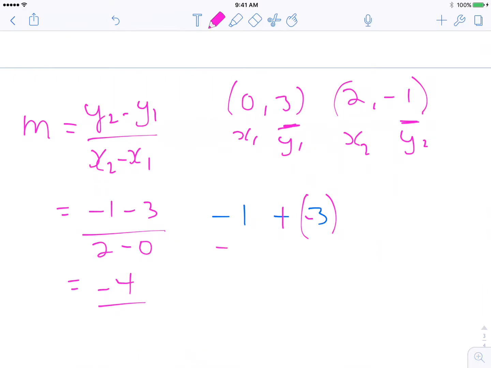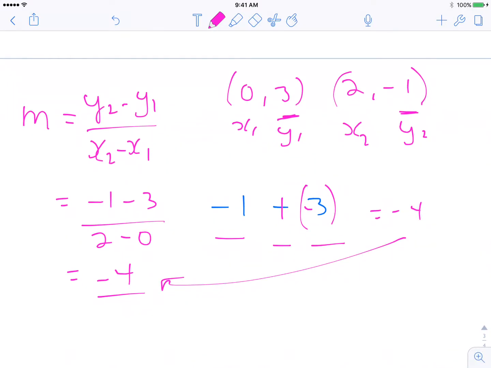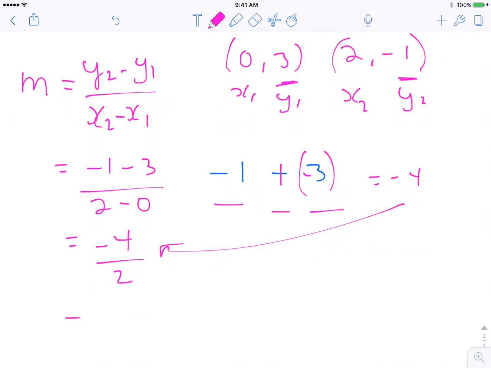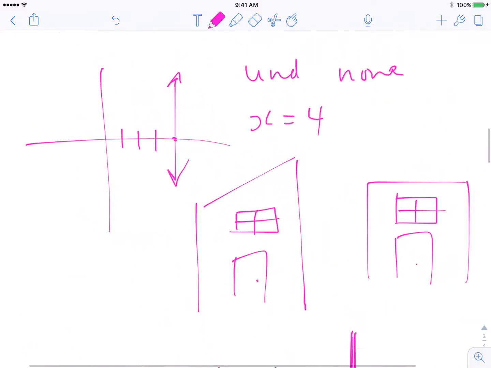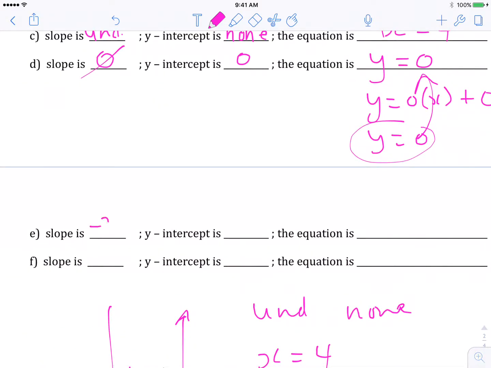Now you have -1 plus a -3, which in this case is -4. That's why I got the -4 there. So -1 minus 3 is -4 over 2 minus 0, which is 2, and our slope is -2, because -4 divided by 2 is -2. All right. So our slope for E is negative 2.